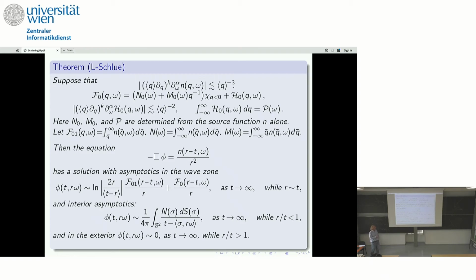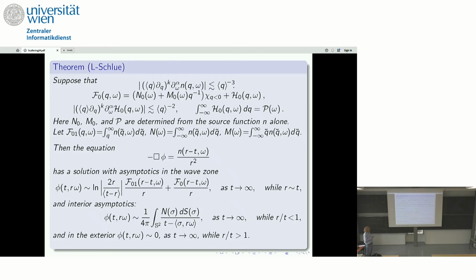Even just for Friedlander's radiation field, that would be a condition. Anyway, this equation has a solution with this expansion in the wave zone and this interior expansion plus the higher order terms. So we solve this problem from infinity now.